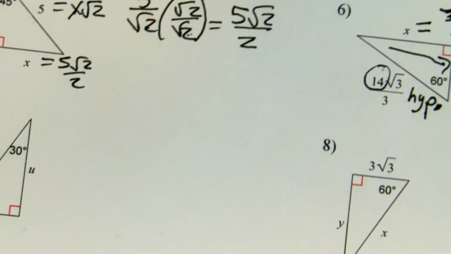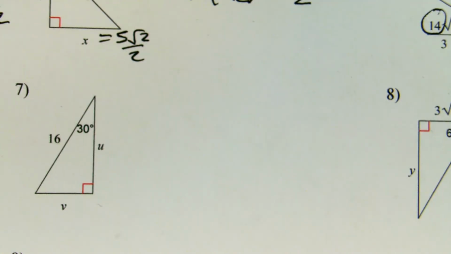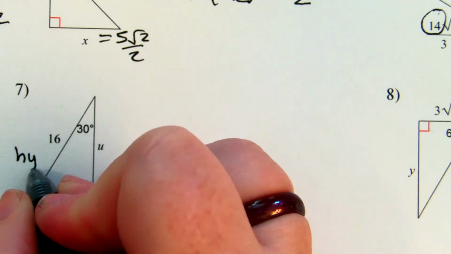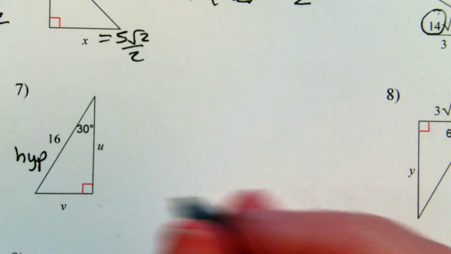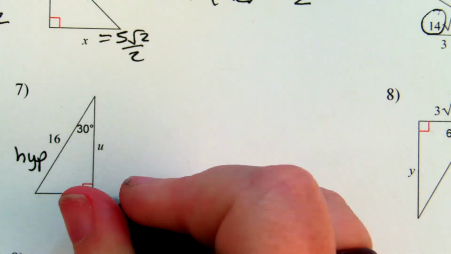Here's another 30, 60, 90 triangle. And this time they gave us which leg or which hypotenuse. What did they give us? The 16 is the what? So what do you do to the 16 to find the short leg? Divide by 2, so that would make it 8.